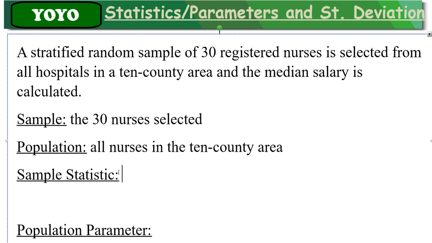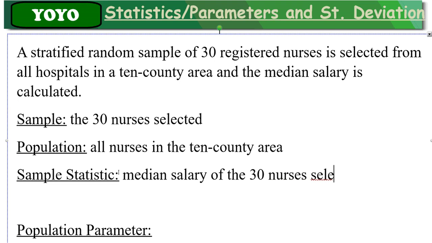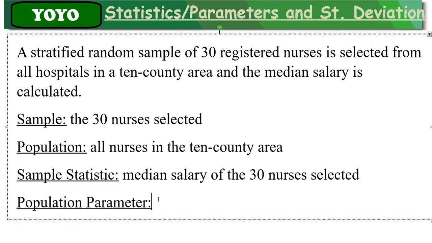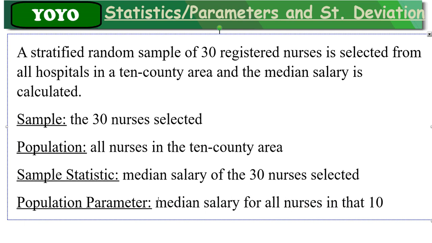The sample statistic would be the median salary of the 30 nurses selected. The population parameter would be the median salary for all nurses in that 10-county area.